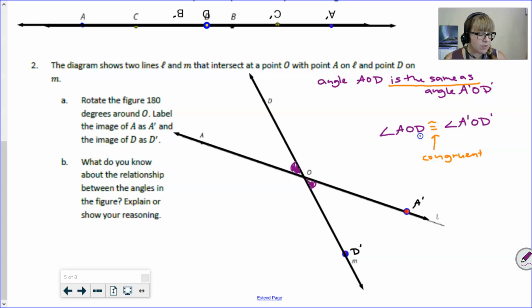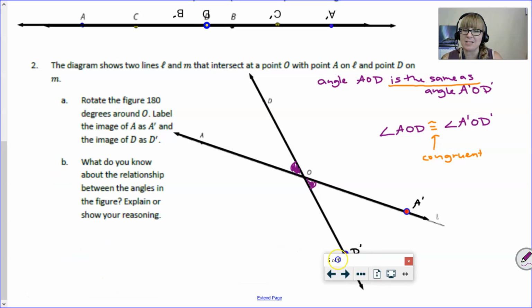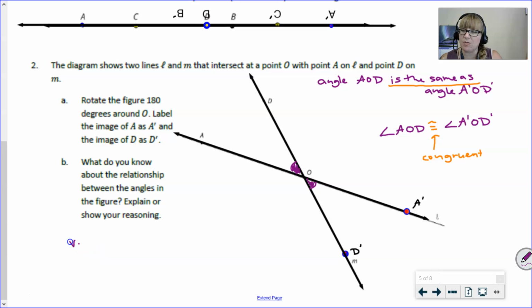I also would like to point out that this is so important, it has its own name. It's called vertical angles. And that's the relationship. Vertical angles are congruent. That's going to come up in the summary as well. Vertical angles are congruent. And we can see that because we rotated this angle so that it was this angle, and that's how we know that they are congruent.